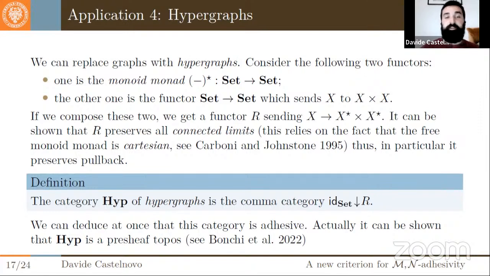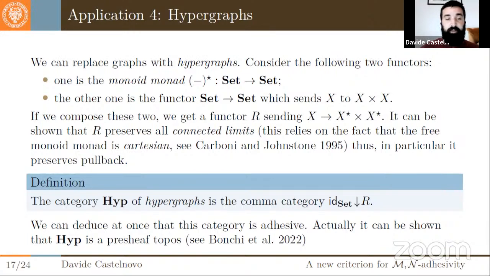Now, R preserves all connected limits. This is because the monoid monad is Cartesian, so it preserves all connected limits. And this is linked to some logical property of the theory of monoids, but that's not important. So in particular, R preserves all pullbacks.